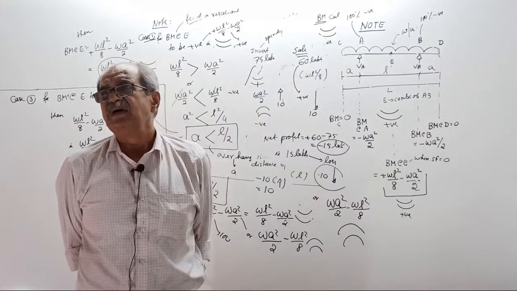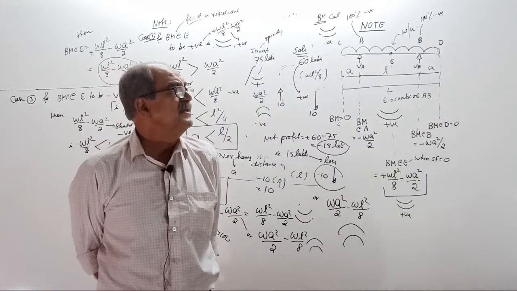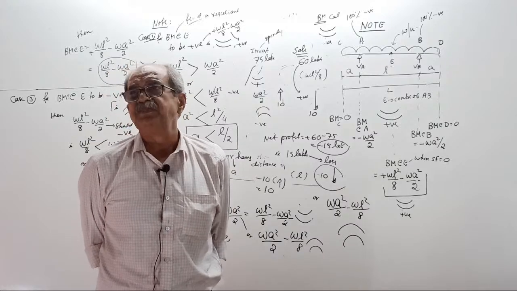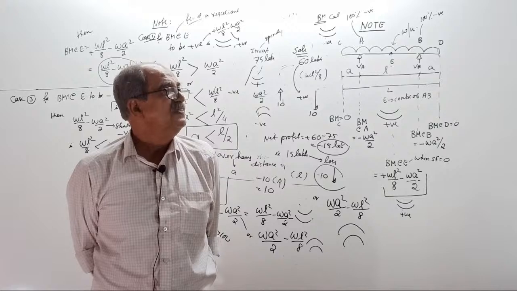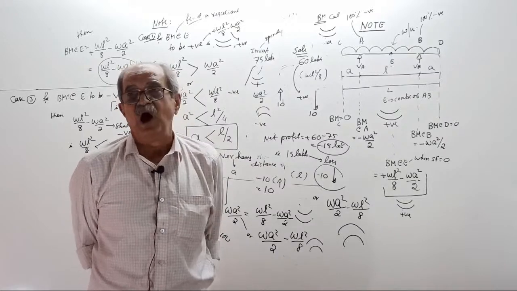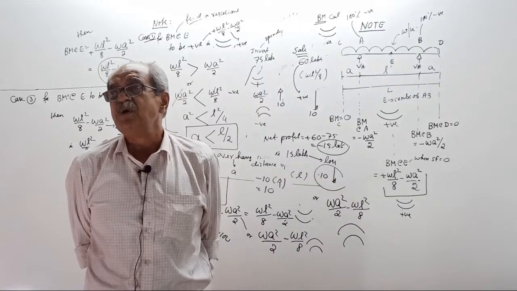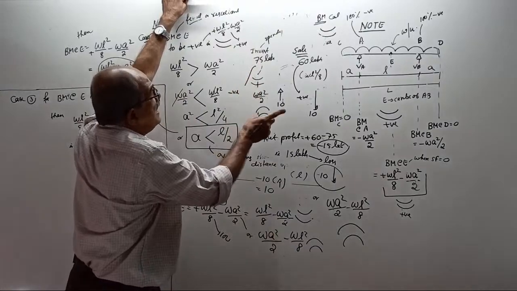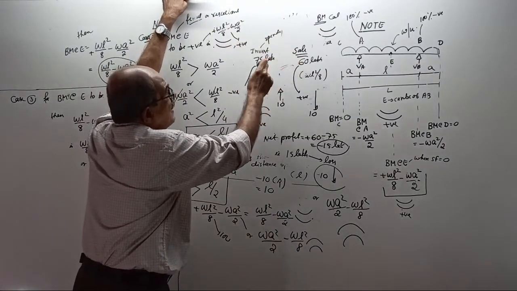My profit is the selling rate 60 minus the spending money 75, so minus 15 is my profit. Then someone will say, oh, I got it. Minus 15 profit means what? 15 loss. So if you want to tell loss, you should not write 60 minus 75.